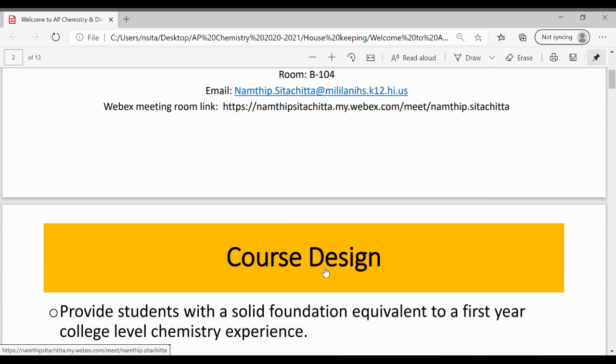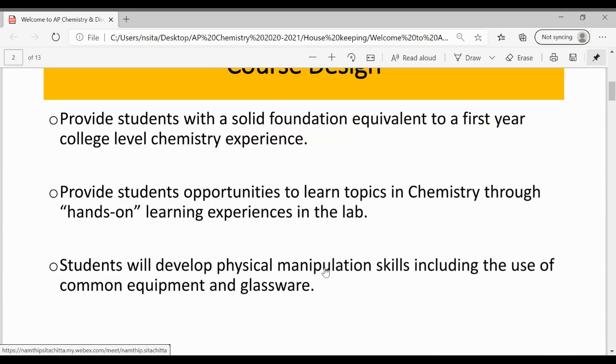Now, in terms of the course, I think we went over this already during AP night: this course is equivalent to the first year chemistry course at the college level. This course emphasizes hands-on learning opportunities, so that is why you have to register for Directed Study in Science.